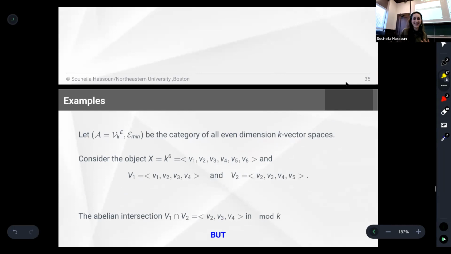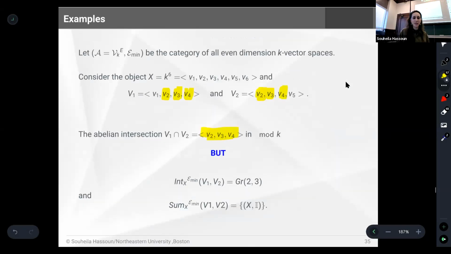So the abelian intersection, if I just take the intersection we know, we take the one in common, which is V2, V3, V4. This is the one we used to take, but that one is not even, it has dimension 3. So if we want to take the admissible intersection here now, it will be all the vector spaces of dimension 2 which are in this vector space of dimension 3.